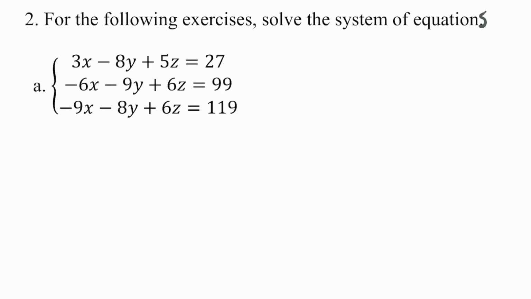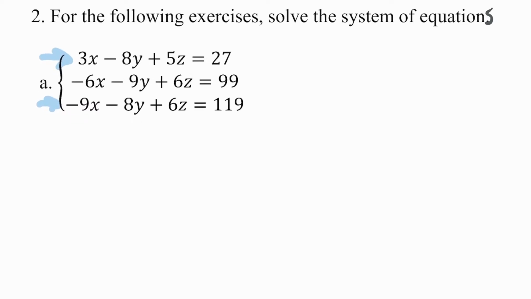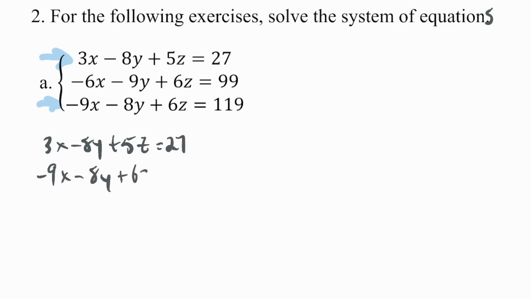I noticed that all these coefficients are multiples of 3, which will be convenient. I'm going to start by taking the first equation and the last equation and eliminating x. So 3x minus 8y plus 5z equals 27, and negative 9x minus 8y plus 6z equals 119.